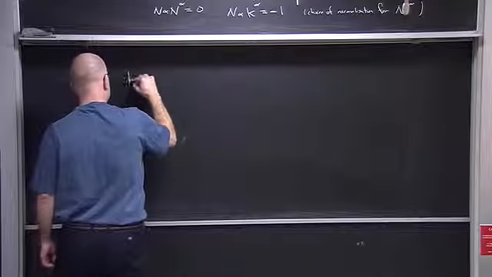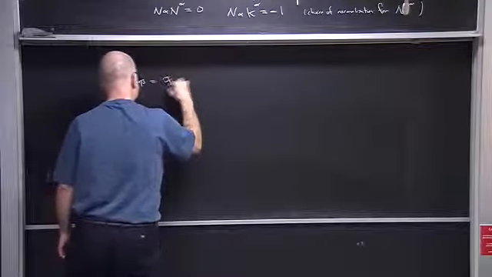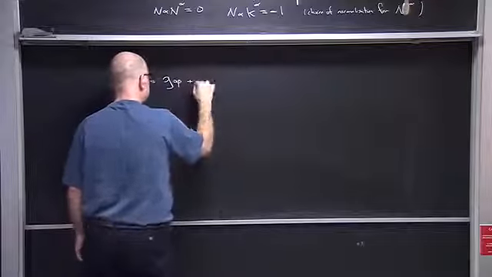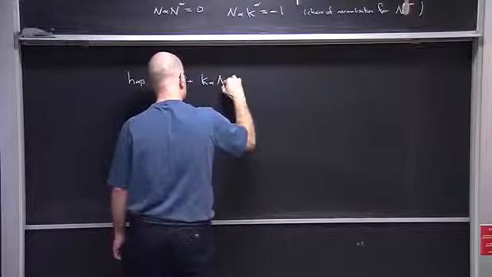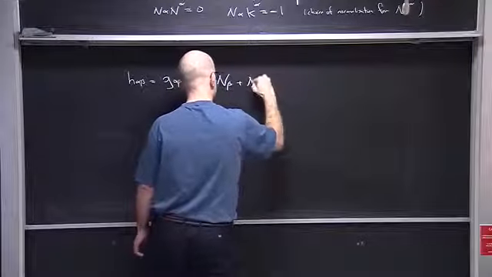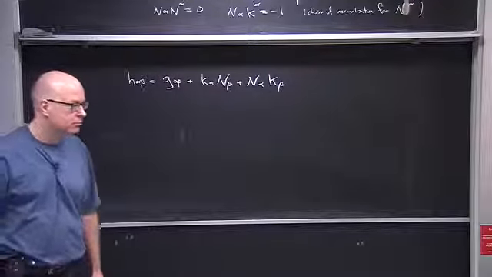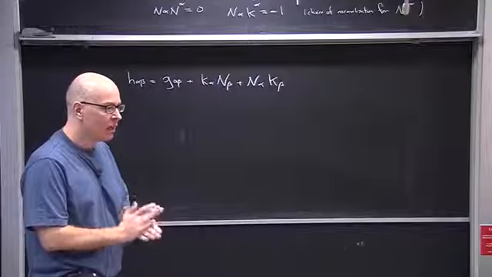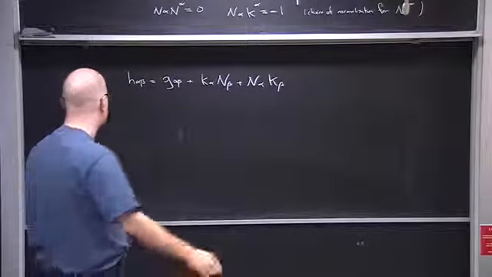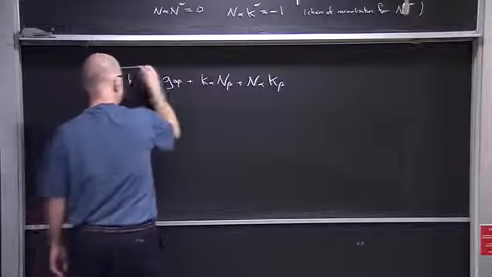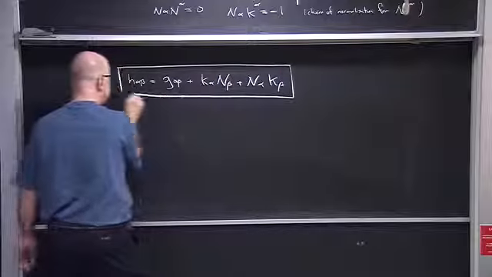And then the claim is that the induced metric that I want is this one. I'll try to motivate that in just a second, but let's first check that it works.